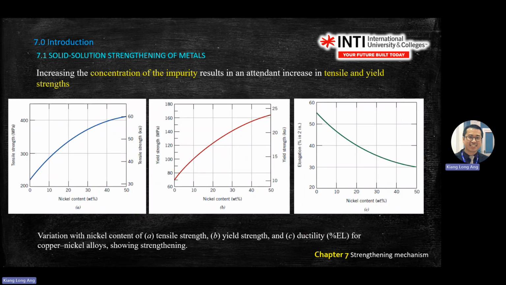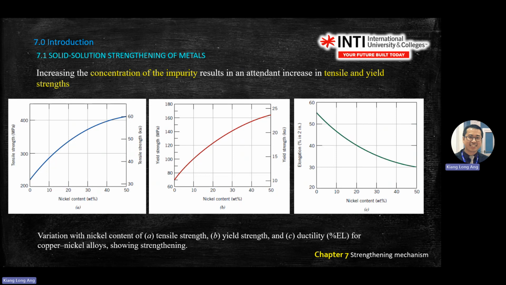For example, if you add impurity, it will increase the tensile and yield strength. We already covered chapter 6, material strength and material properties, and it was one of the questions in your test 1.